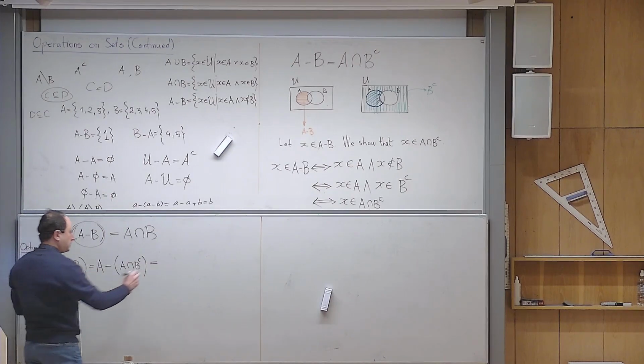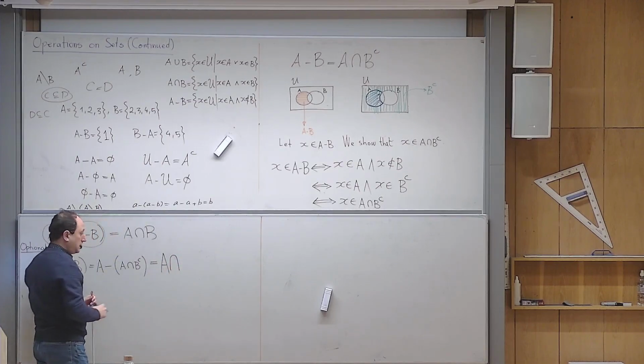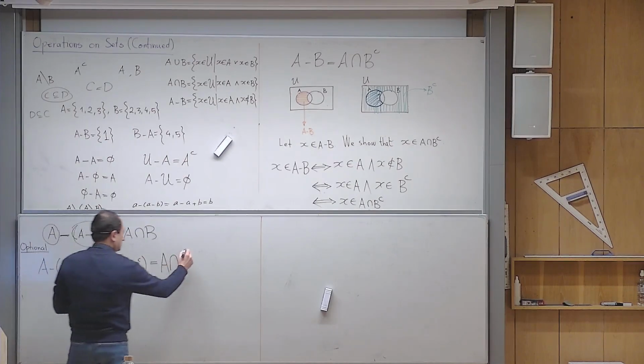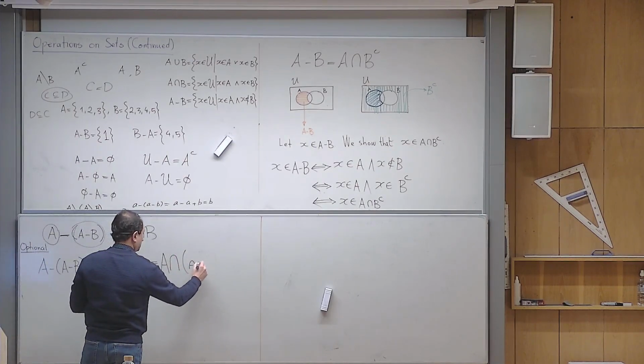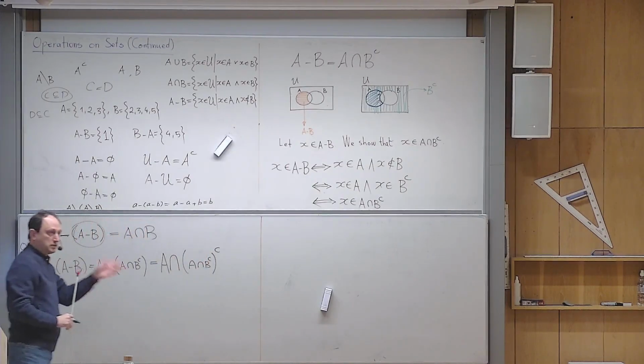I repeat the first one. I change this to intersection. Yes? And then what should I write? So in parentheses, you would write A intersection B complement and then complement. Exactly, thank you.